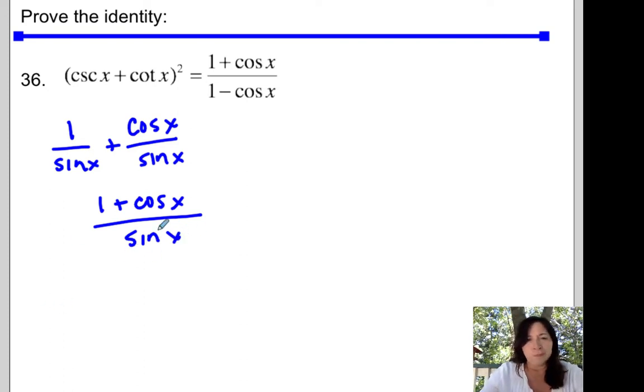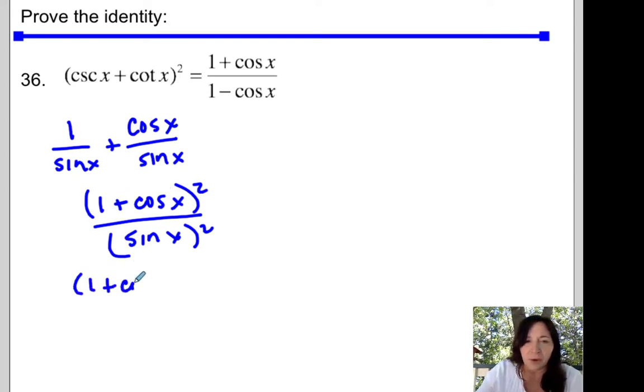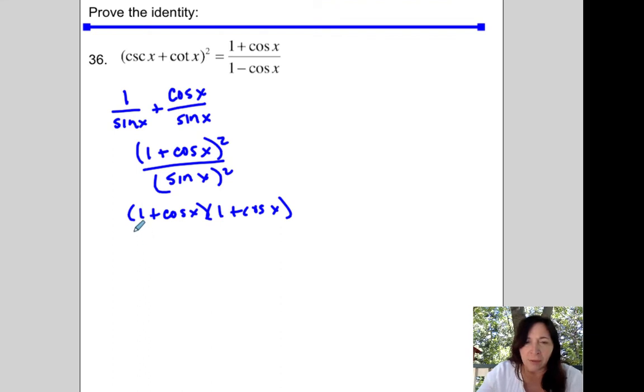So what I think I'm going to do with this is square both the top and the bottom. In doing that, I'm going to get 1 plus cosine of x times 1 plus cosine of x, and then on the bottom, I'm going to have sine squared of x.